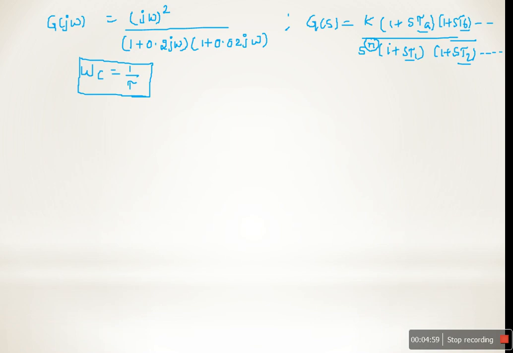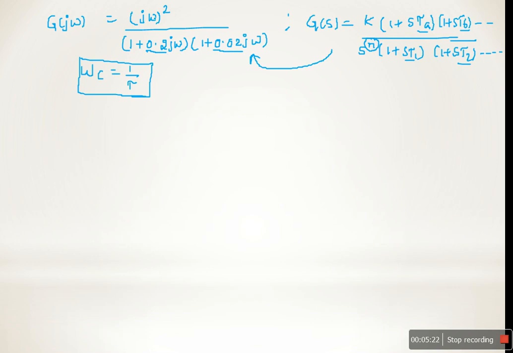If you compare the given transfer function with the general transfer function form, in place of tau here we have 0.2, and here also in place of tau we have 0.02. So we have two corner frequencies.